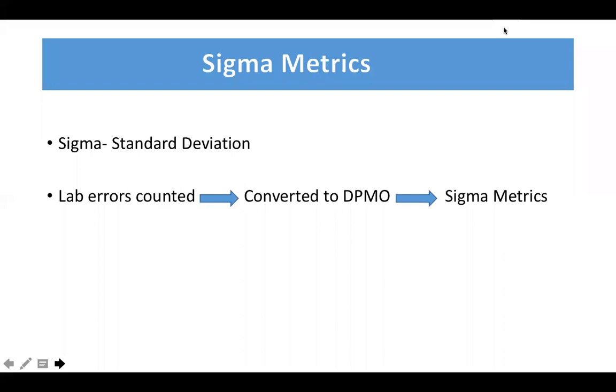This is process outcome. As a doctor has to fill a test request form and you are finding that out of 1,000, in 10 the forms are not filled. Now you are converting that to per million opportunities and deciding, okay, probably it is somewhere between 3.5 to 4 sigma.